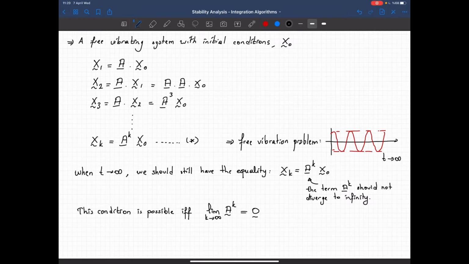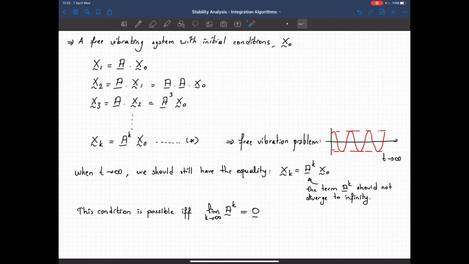Now the question here is, how can I calculate the kth power of A, and how can I make sure that it's equal to 0? So the answer is, I should look at the eigenvalues of this matrix, right? Meaning that, in other words, I should diagonalize this matrix. So when I diagonalize it, I will only have the terms at the diagonals. So taking the power of that matrix is equivalent to taking the power of the diagonals.